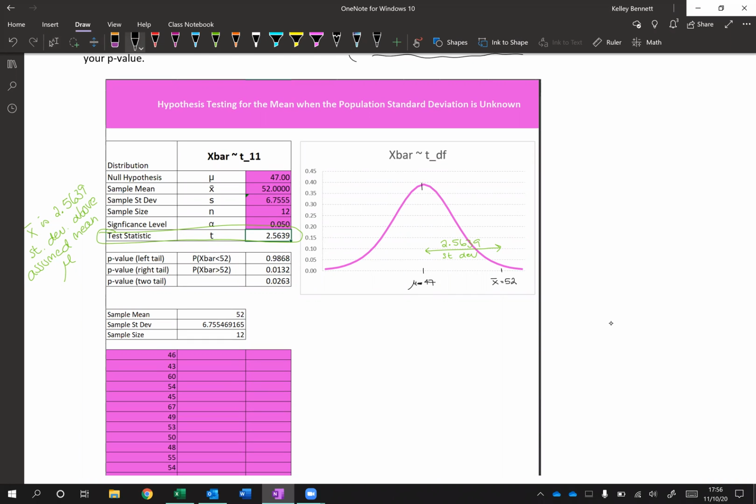Our alpha, our significance level, is 5% or 0.05. So that means that our rejection region has to be something like this, right? It's some area, because we're doing a right-tailed test.